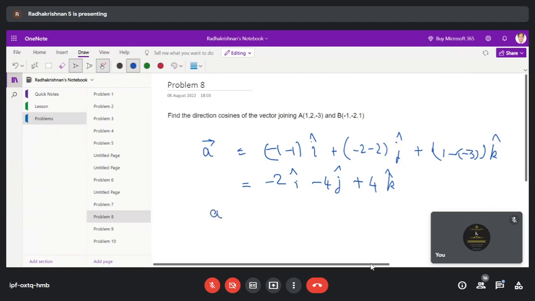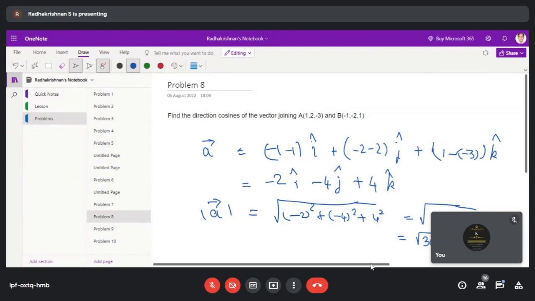So now what is the magnitude of this vector? Square root of the sum of squares, equal to 6.